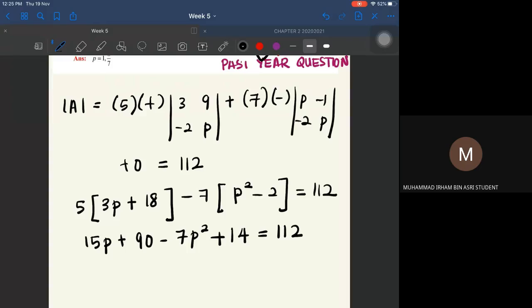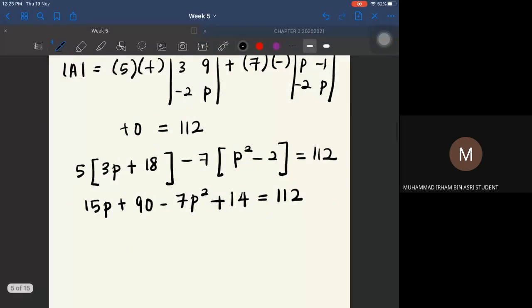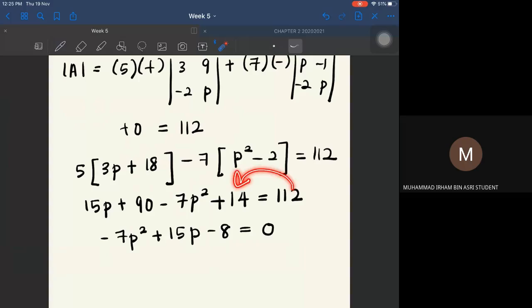Okay. So if you simplify this one, you will have negative 7p squared plus 15p. So 90 tambah 14 tolak 112. So tolak 8 sama dengan 0. Okay. So pindahkan 112 ni ke sebelah kiri and 90 tambah 14 tolak dengan 112.